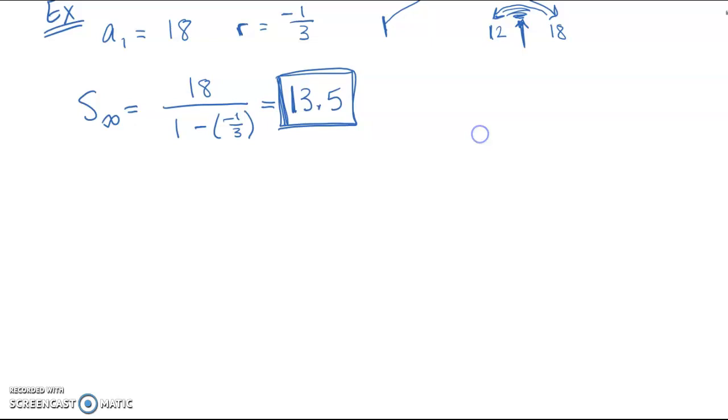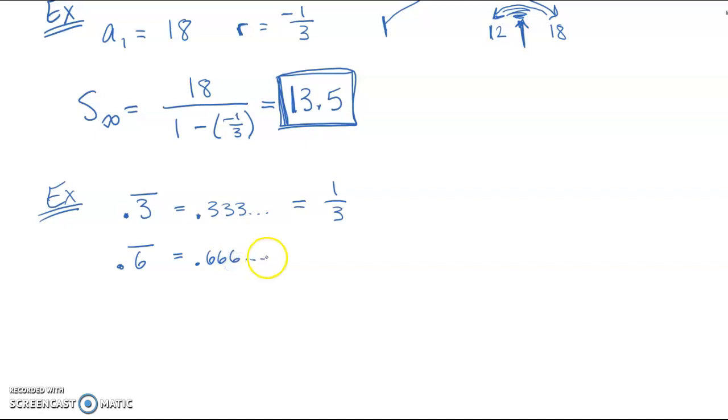And I'm going to finish with a neat example, not talking about a bug this time. I bet you all agree that 0.3 repeating, which of course is 0.33333 dot dot dot, equals 1/3. I bet you all agree that 0.6 repeating, which is 0.666 dot dot dot, is 2/3.